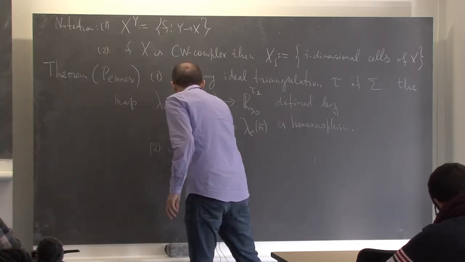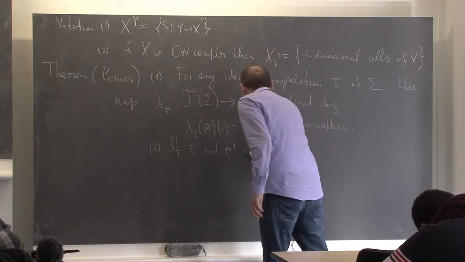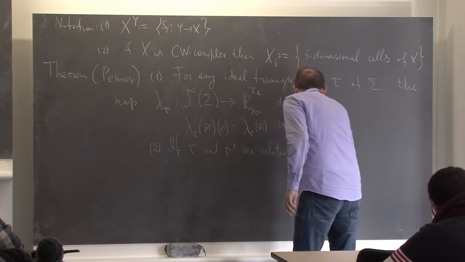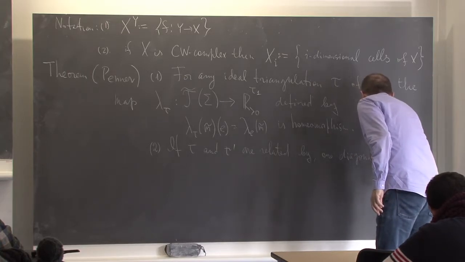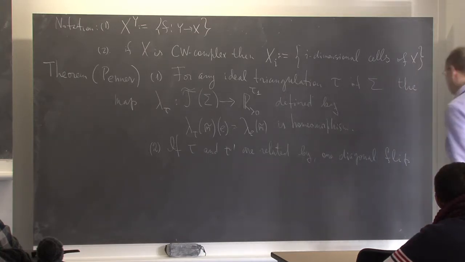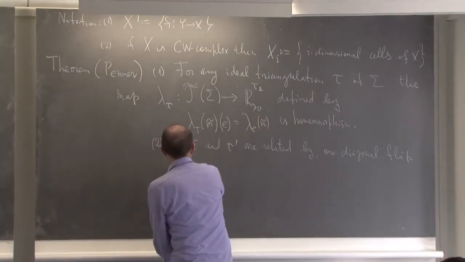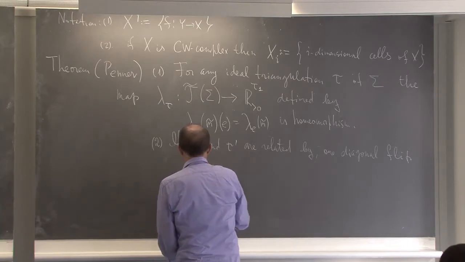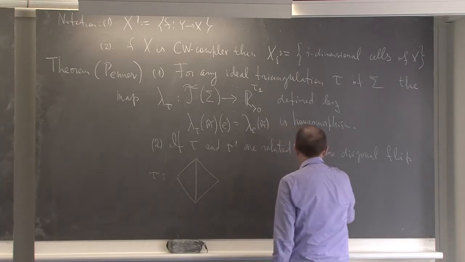So if tau and tau prime are related by one diagonal flip, so this is in tau, and tau prime.